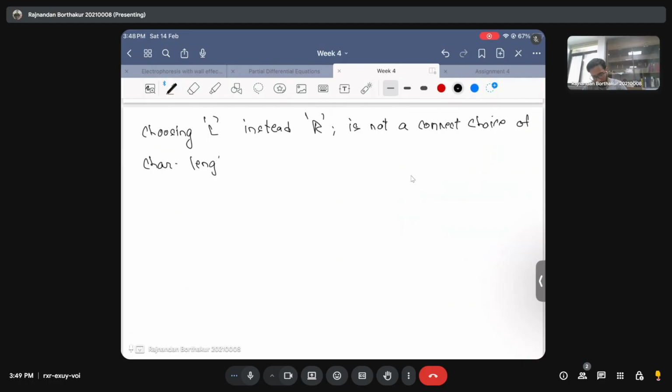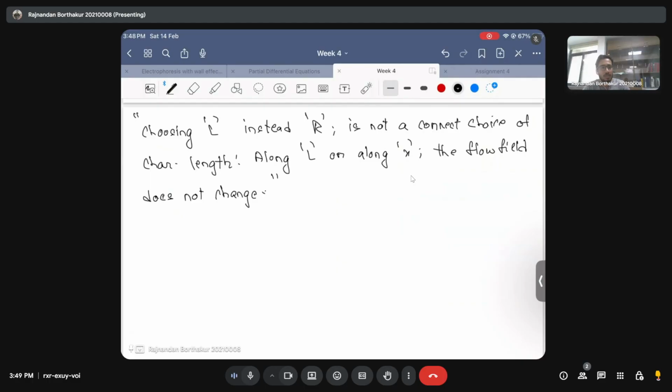The reason is because along L, or maybe I'd say along x, the flow field does not change. Okay, so this is also one aspect, that you cannot just go ahead and naively choose a characteristic variable.